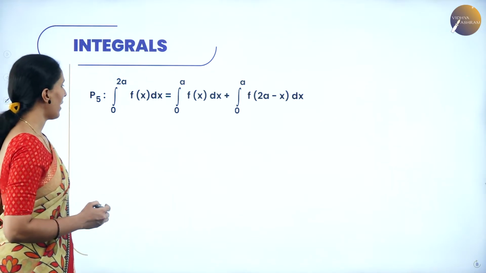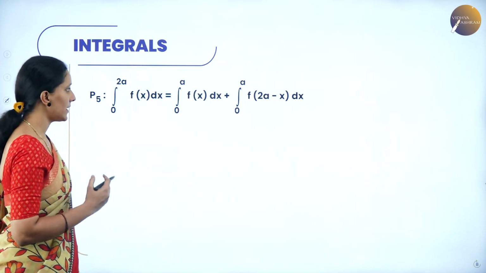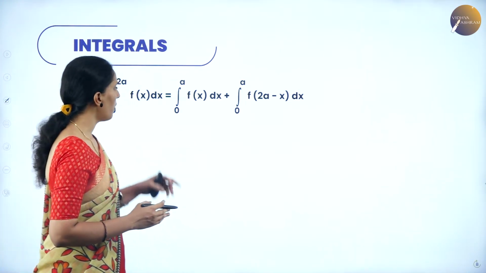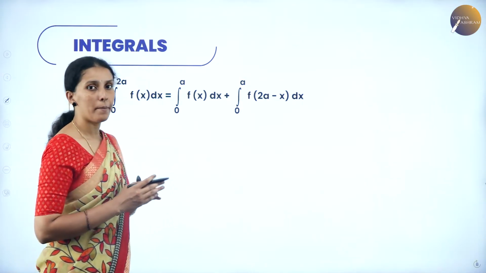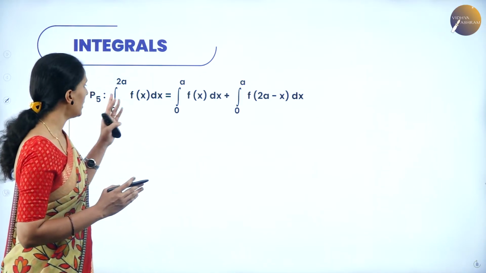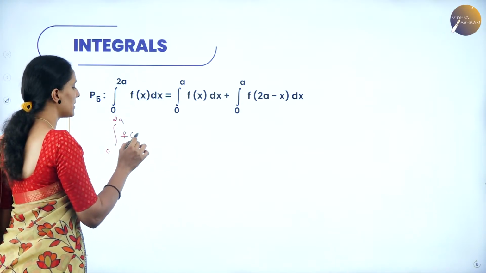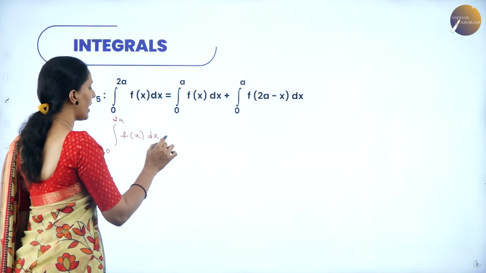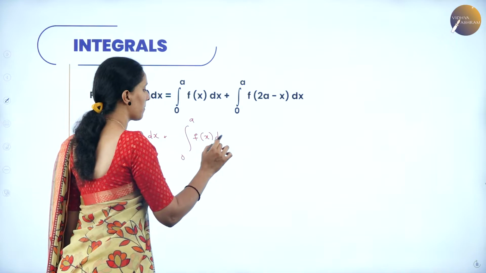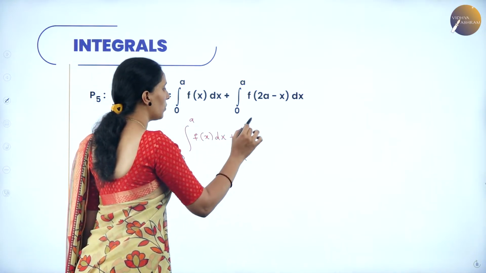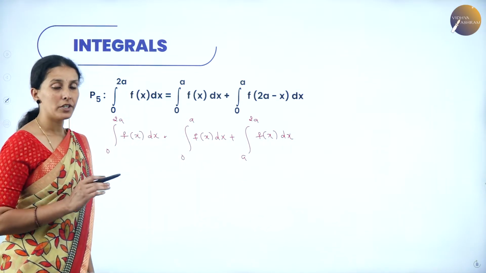Next, property 5, that is P5, says that when you have an integral from 0 to 2a of f of x dx, you can split the integral in the form of the integral from 0 to a of f of x dx plus the integral from 0 to a of f of 2a minus x dx. Now here we know that if you have the integral from 0 to 2a of f of x dx, I can write this in the form of the integral from 0 to a of f of x dx plus the integral from a to 2a of f of x dx, using property number 2.